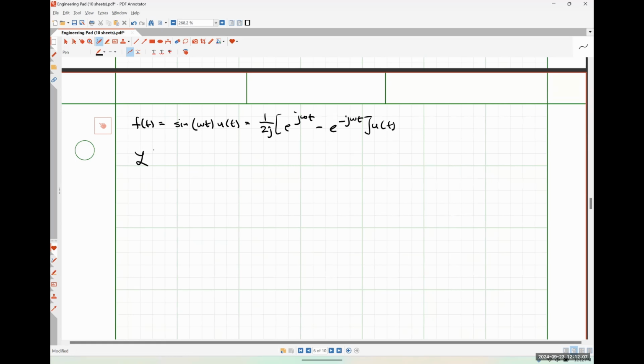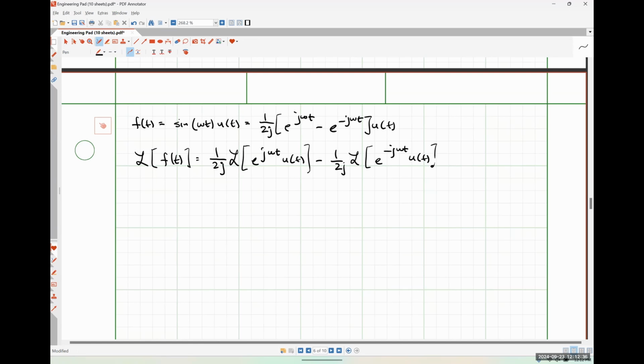So the Laplace transform of f of t should be 1 over 2j times the Laplace transform of e to the j omega t u of t minus 1 over 2j times the Laplace transform of e to the minus j omega t u of t.